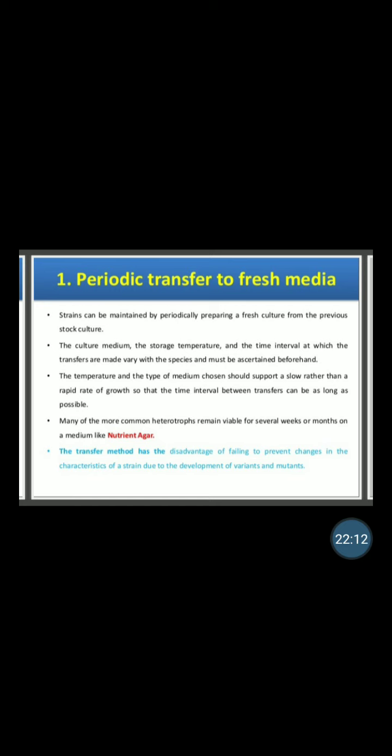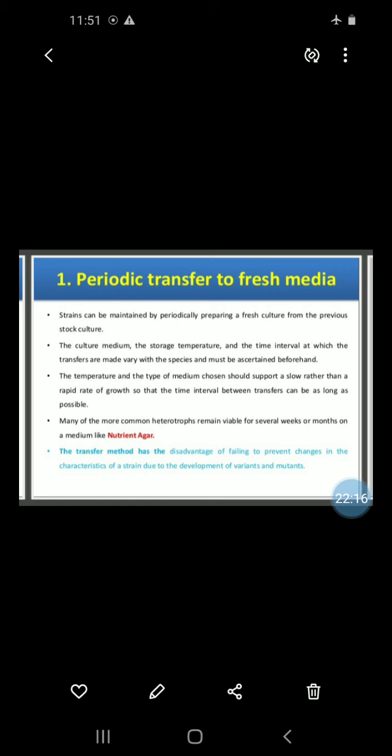Many of the more common heterotrophs remain viable for several weeks or months on a medium like nutrient agar.